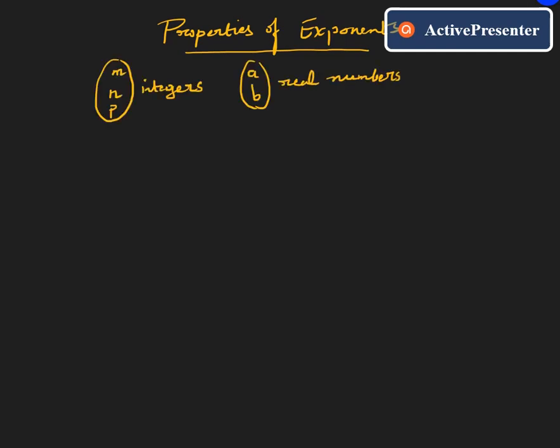Properties of exponents. Let m and n be integers and a and b be real numbers. The first property is the product of exponents with the same base. Take the base b to the power m multiplied by the base b to the power n.